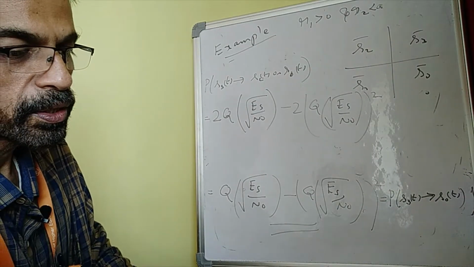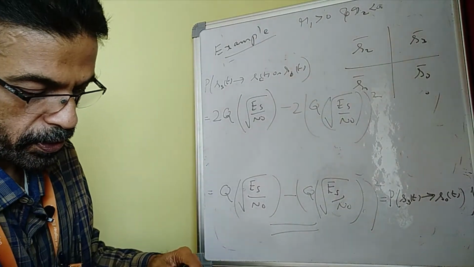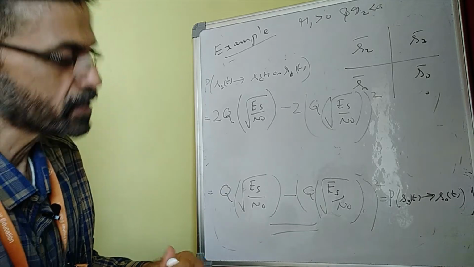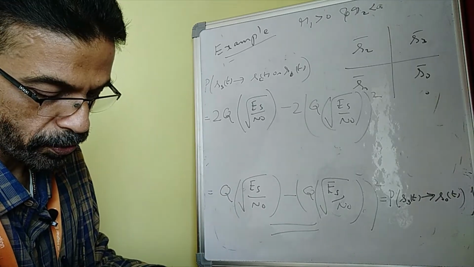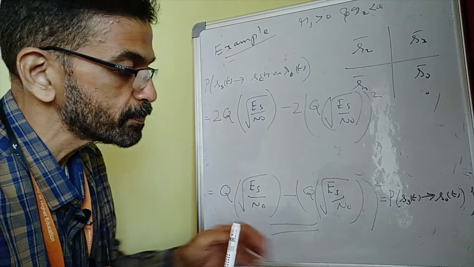This will be the probability of the symbol S3T being detected as either S0T or S2T.